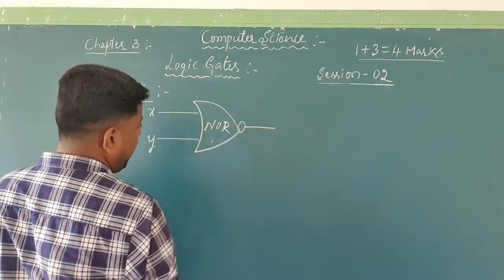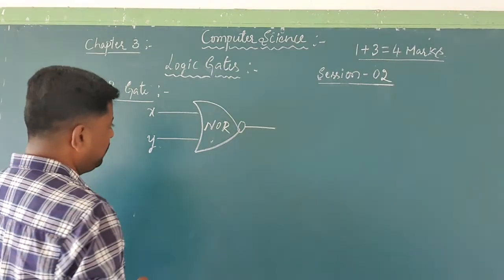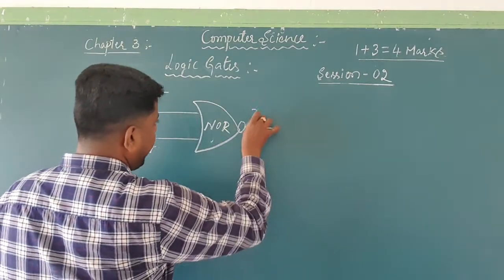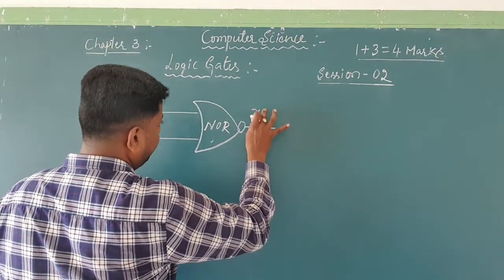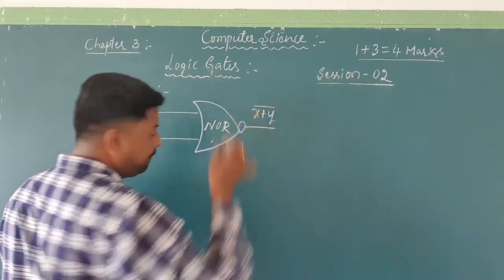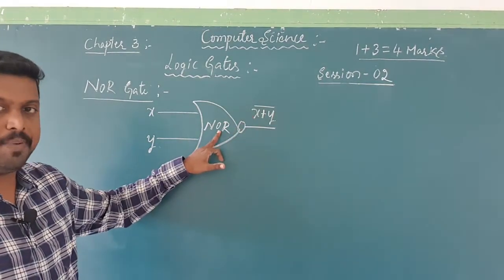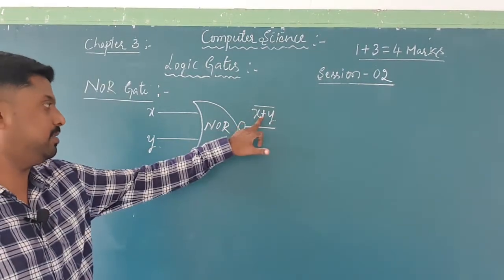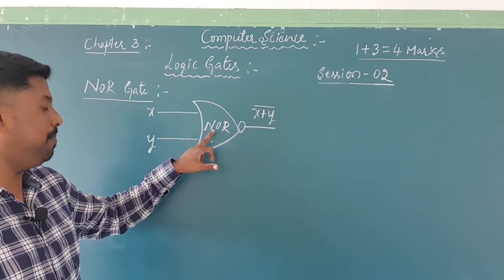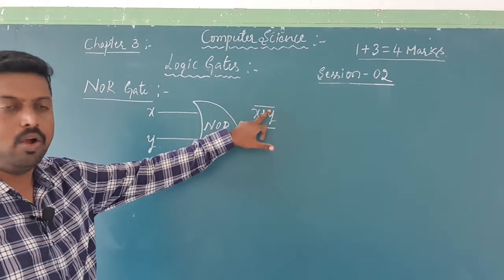NOR is the gate name. X and Y are the two inputs for this NOR gate, and the output is X plus Y whole bar. If you know the operation of OR, that is plus. That's why, this being a combination of NOT with OR, it is X plus Y whole bar.